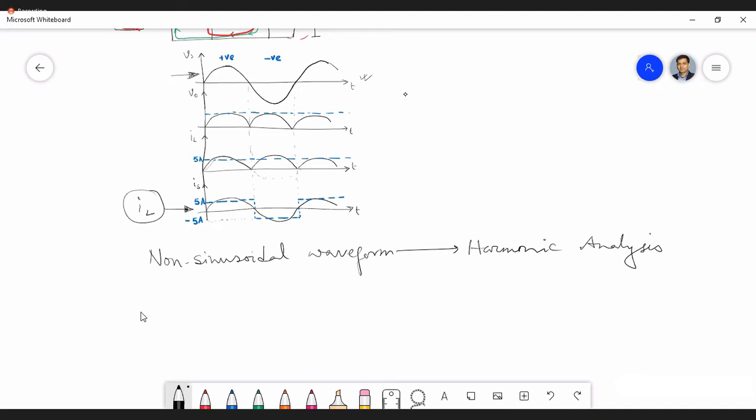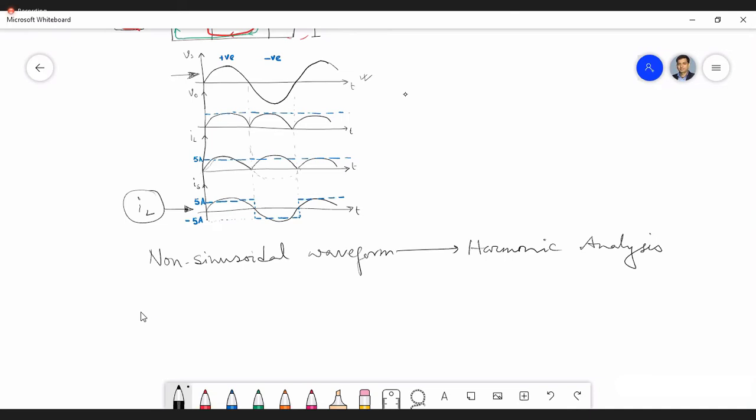It will give you some time period and some frequency. That is called the fundamental frequency. And the other harmonics should be integer multiples of the original waveform's frequency.